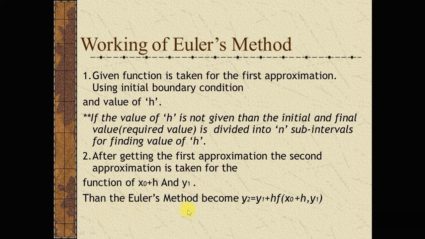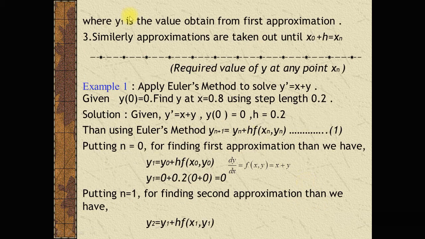Then the Euler method becomes y2 is equal to y1 plus h f at x0 plus h, y1, where y1 is the value obtained from the first approximation. Similarly, approximations are taken until x0 plus nh is equal to xn, and this is the required value of y at any point xn.